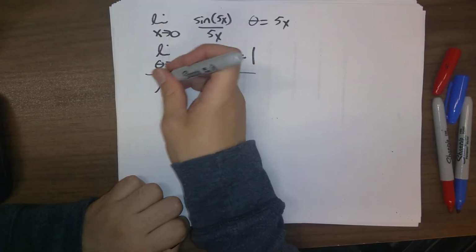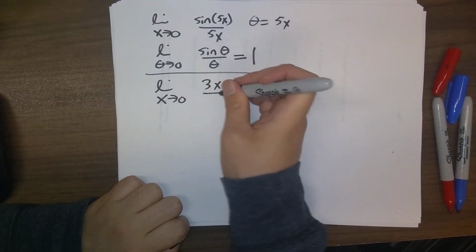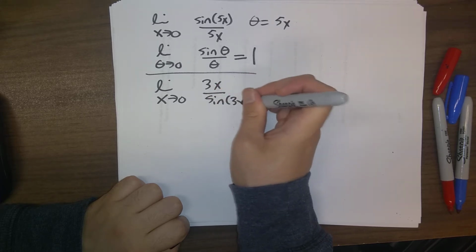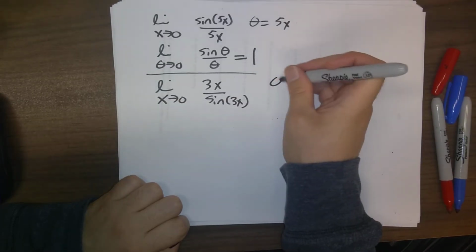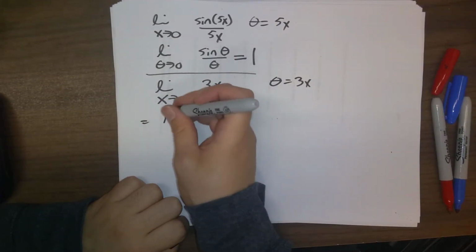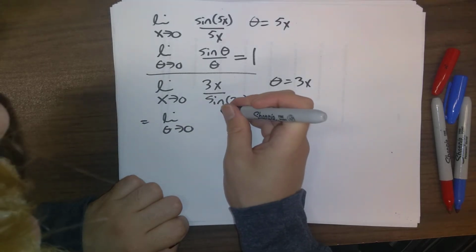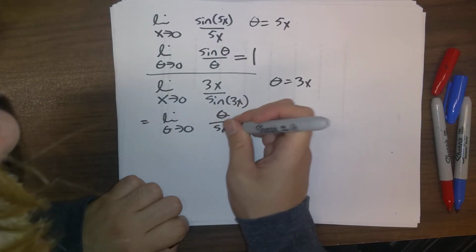We also have the limit as x goes to 0 of 3x over sine of 3x. A change of variables, theta is 3x, makes this the limit as theta goes to 0 of theta over sine theta.